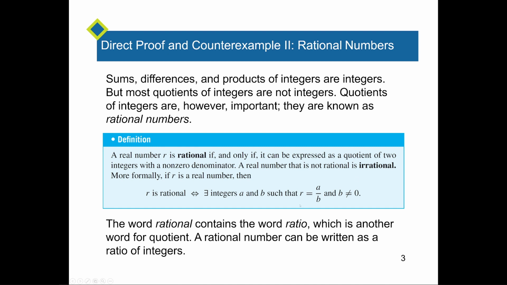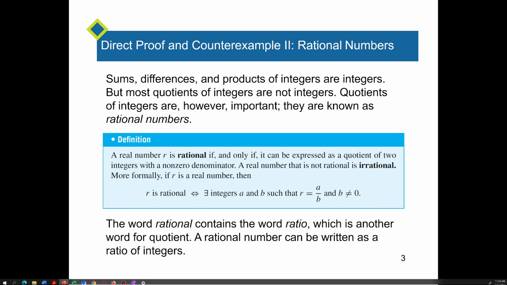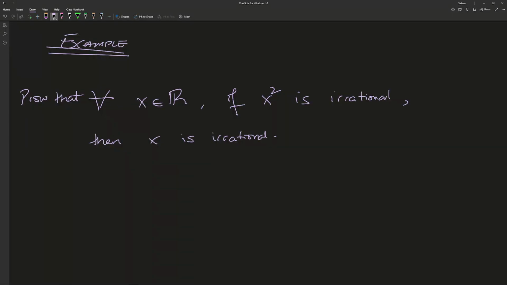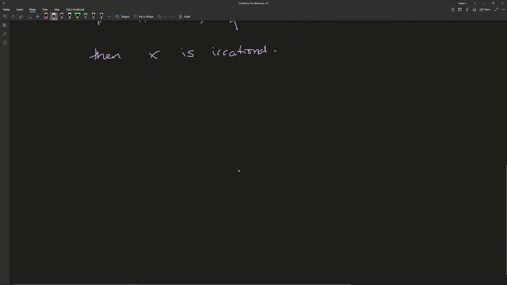But all our proofs start with this here, r is equal to a upon b. So now, how do we prove that something is irrational here, but we have to use a direct proof? So how would we do something like this? So let's write the proof.